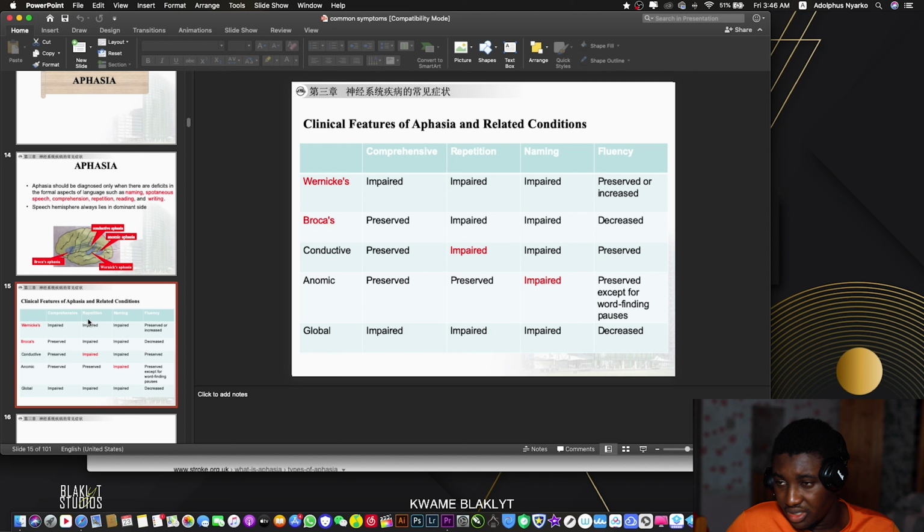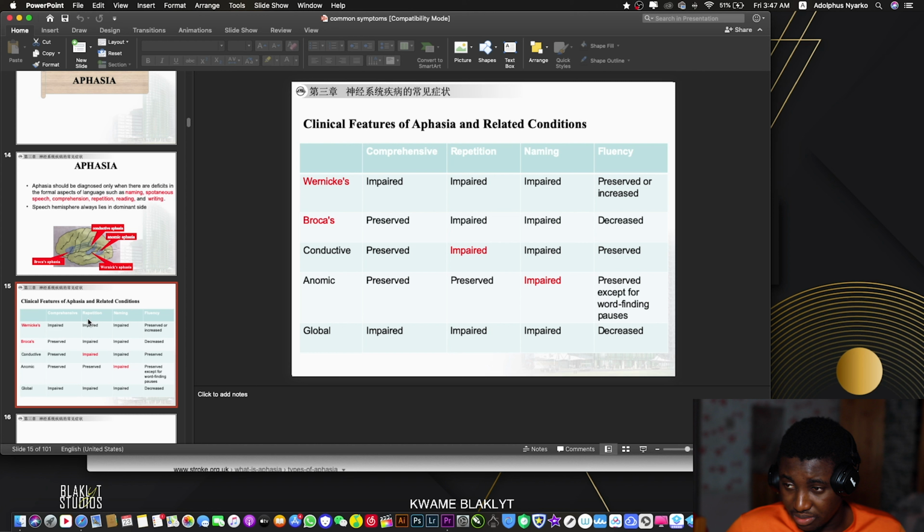We've got Wernicke's, we have Broca's, we have conductive aphasia, we have anomic aphasia, and we've got global aphasia. Okay, so with Wernicke's, comprehension is impaired, repetition is impaired, naming is impaired, and fluency is preserved or increased.